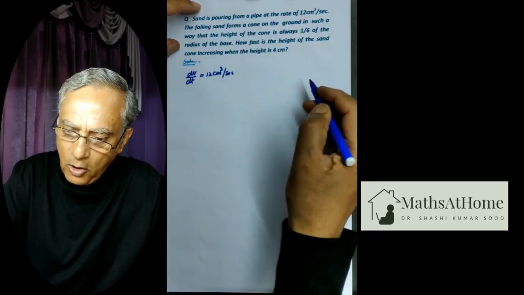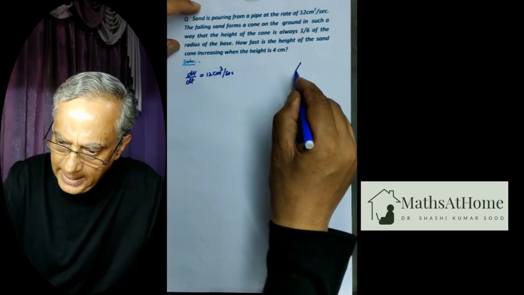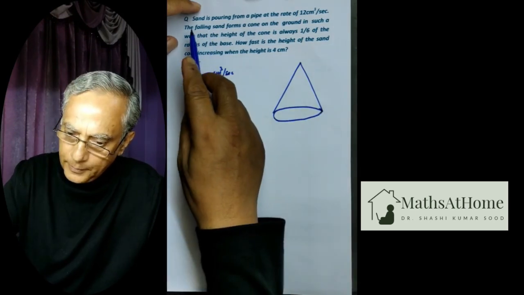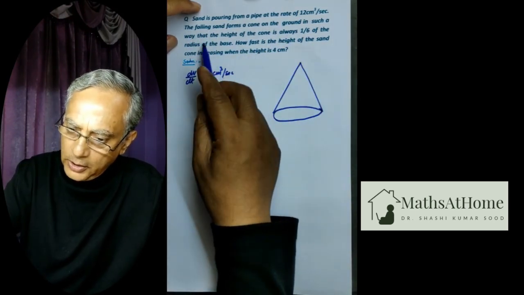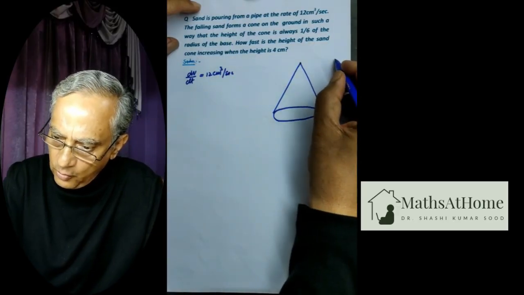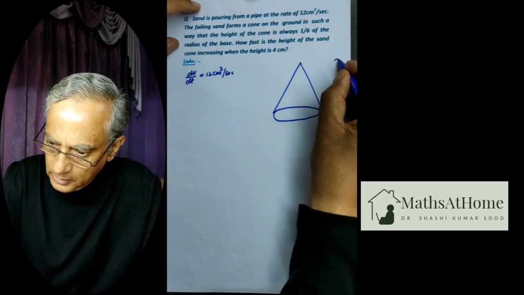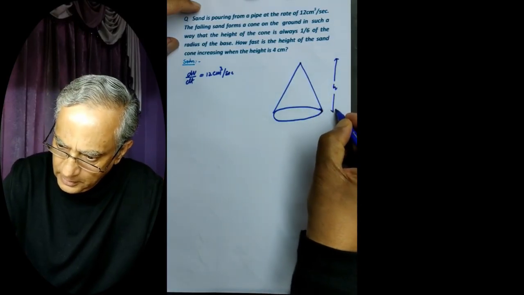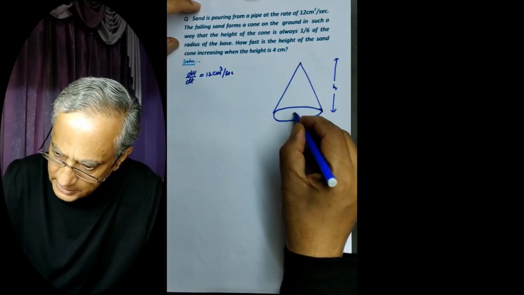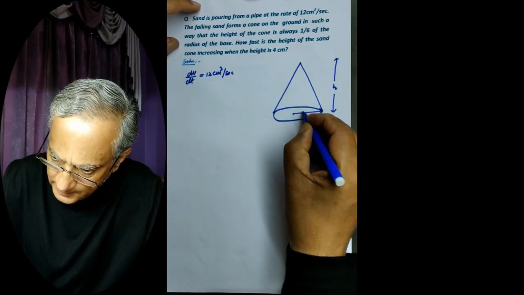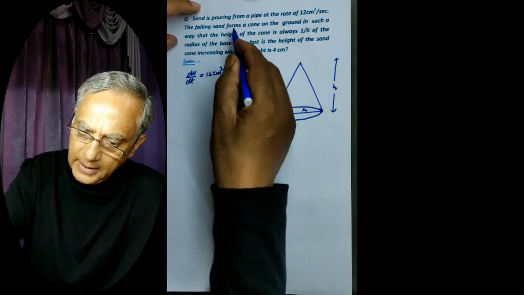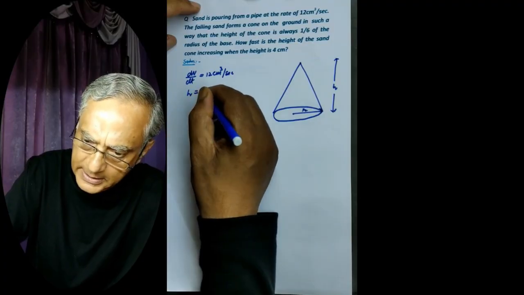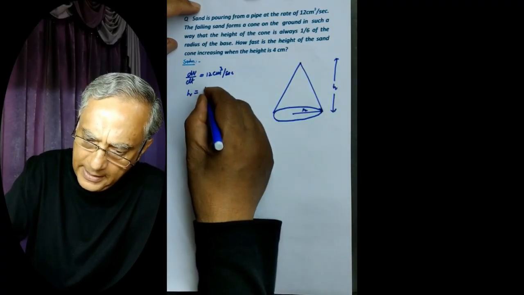The falling sand forms a cone. The falling sand forms a cone on the ground in such a way that the height of the cone is always 1/6. So this is, say, H, and this is the radius R. Now it is given that the height of the cone, that is H, is always 1/6 of the radius.